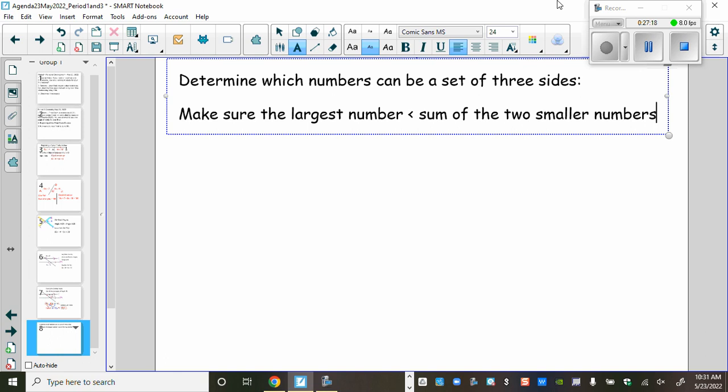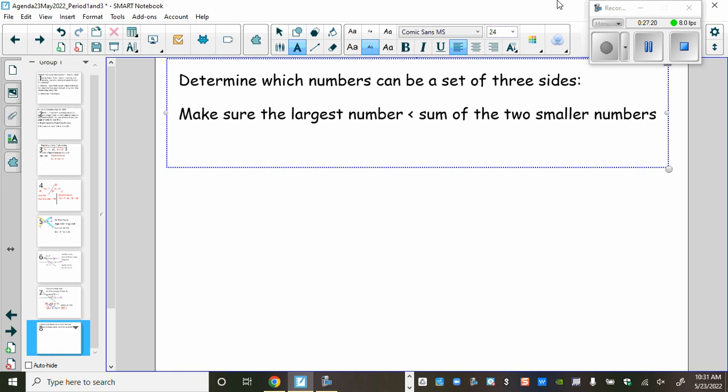I'll give you an example. Let's say 10, 20, and 25. Is 25 less than 10 plus 20?